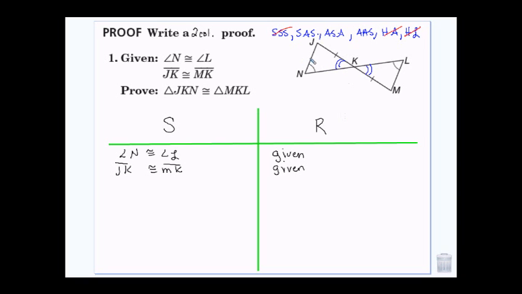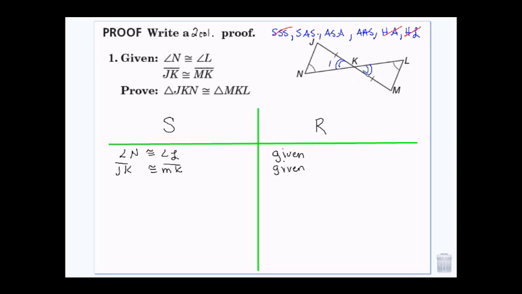I don't know 100% that the sides are the same length. I don't have anything that can tell me that. They have to either be the same side, like reflexive, or there has to be something that says, like, K is the midpoint of NL to be given. Does that make sense? There has to be some other information for me to know those sides are the same length. But vertical angles are always the same.